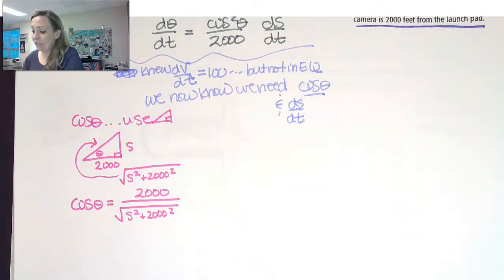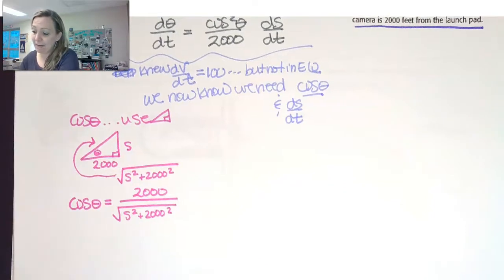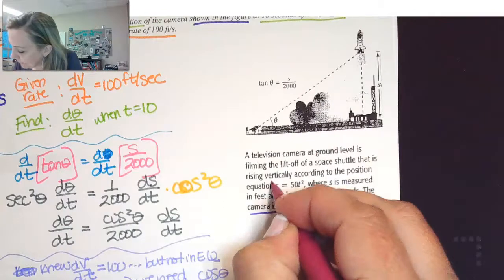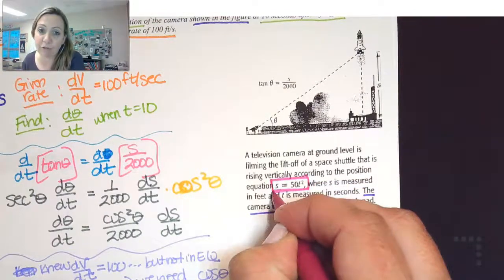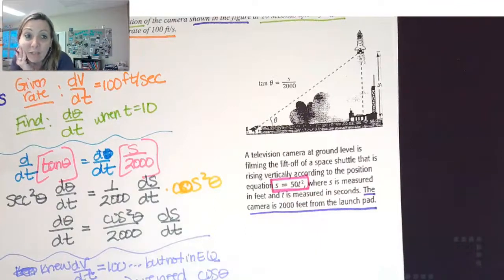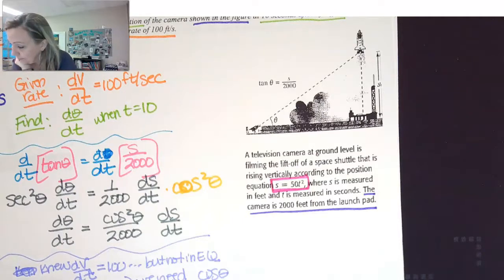However, they actually give us some information about s. Remember that it was according to the picture. Another thing that the caption of the picture told us is that the position is actually being given by s equals 50 t squared.